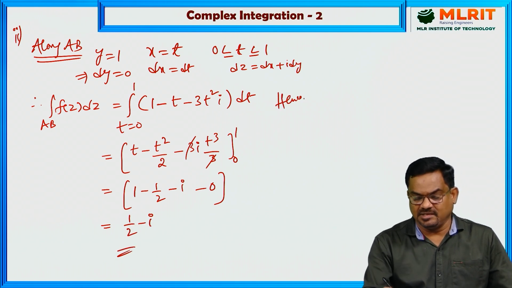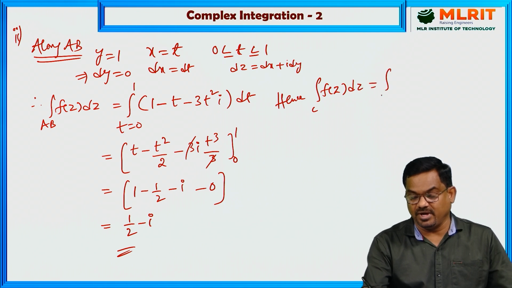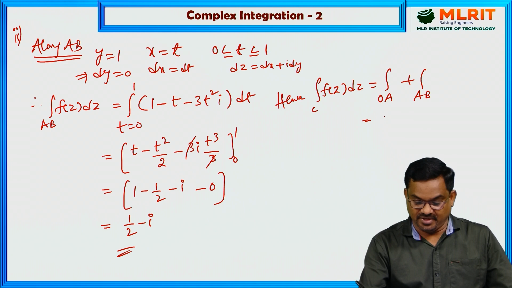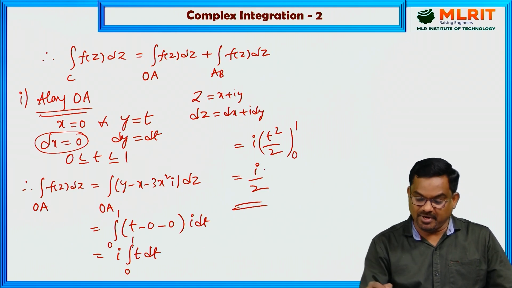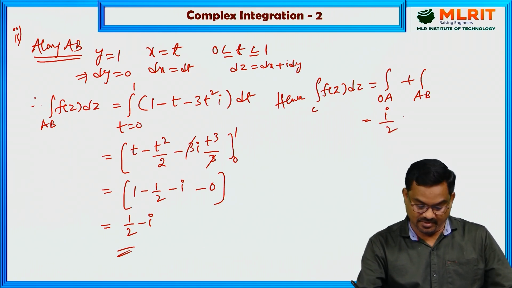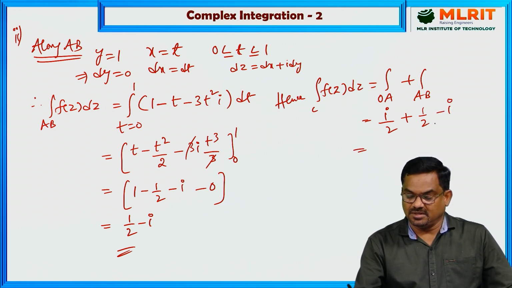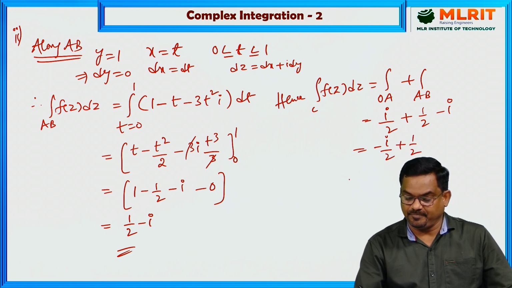Hence, the line integral along C is equal to along OA plus along AB. Along OA we got i by 2, and here plus 1 by 2 minus i. So this is minus i by 2 plus 1 by 2, or (1 minus i) by 2.